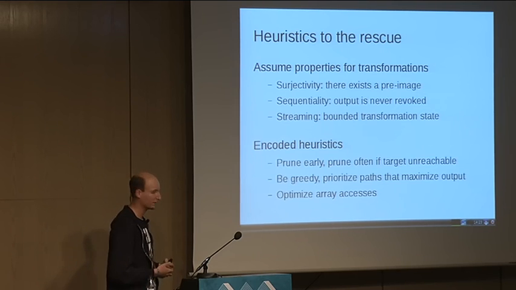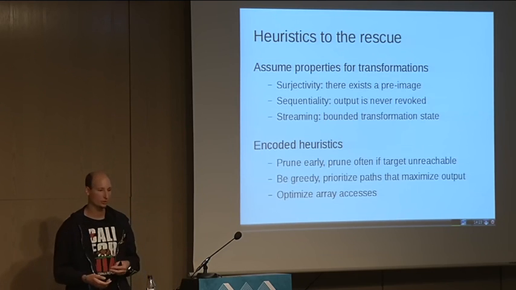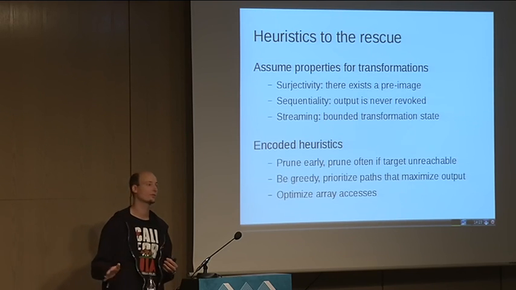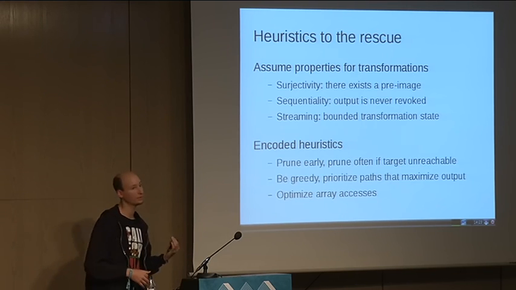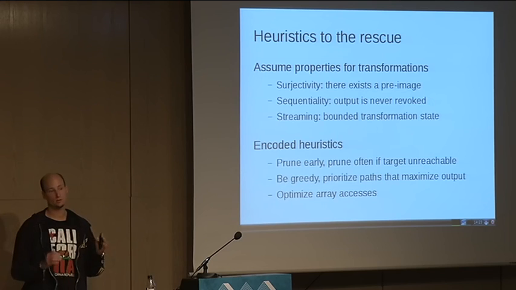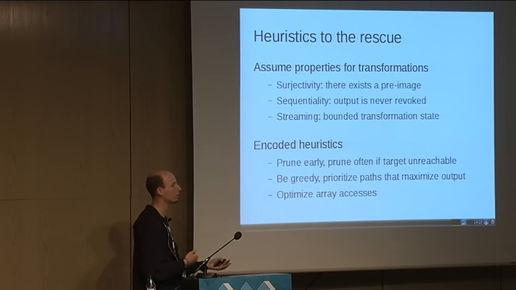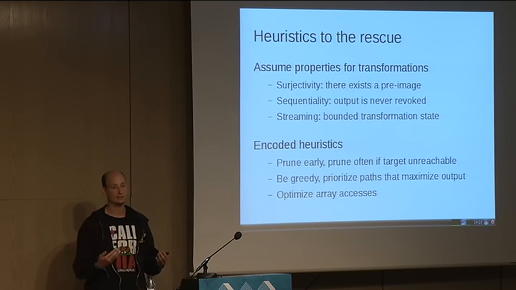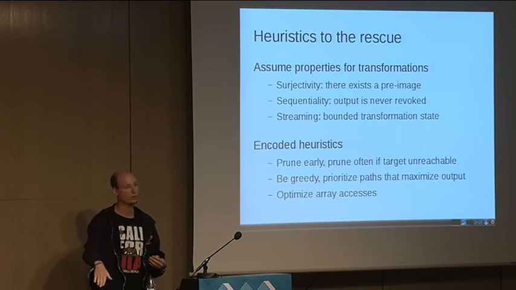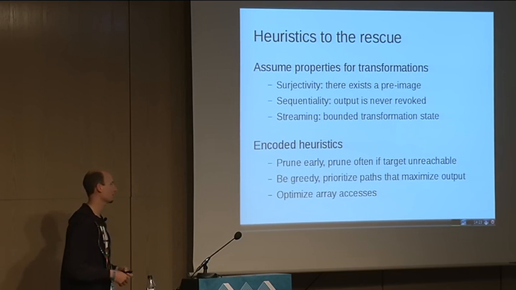Some of the heuristics that we use is to prune early and prune often, as soon as the target becomes unreachable, and just drop these states that will never reach our goal. Another one is to be greedy. So if we see that one specific path that we follow in the symbolic execution engine produces a lot of symbolic output bytes, or a lot of output bytes that we desire, we'll actually prioritize this path in our search and try to follow that one deeper into the rabbit hole to get as much output data as we can.